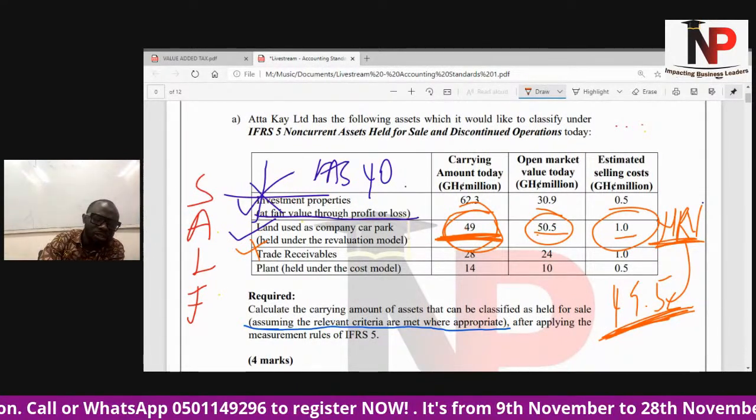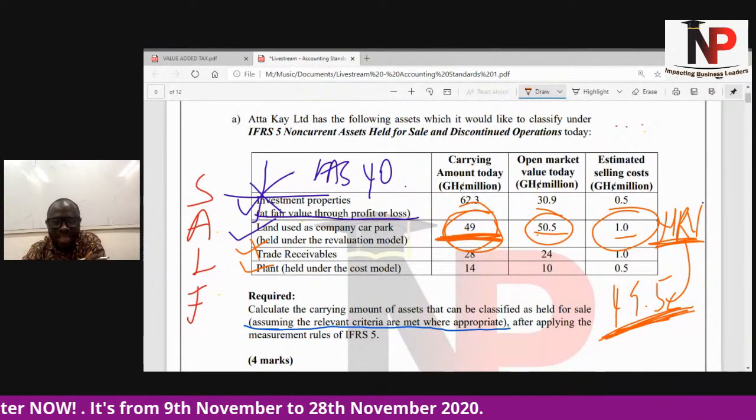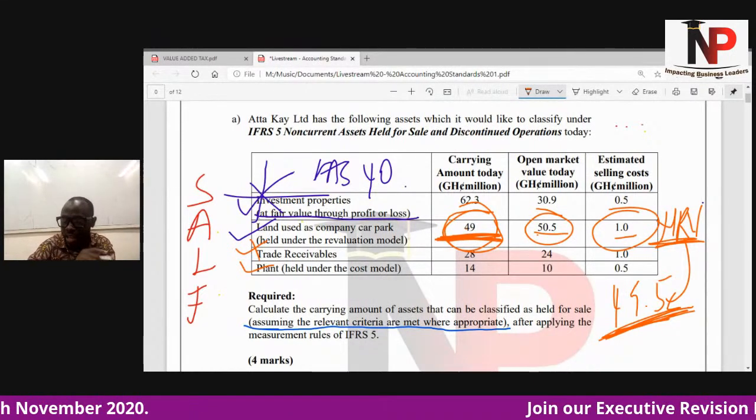Then the last item we see there is plant. Plant held under the cost model.